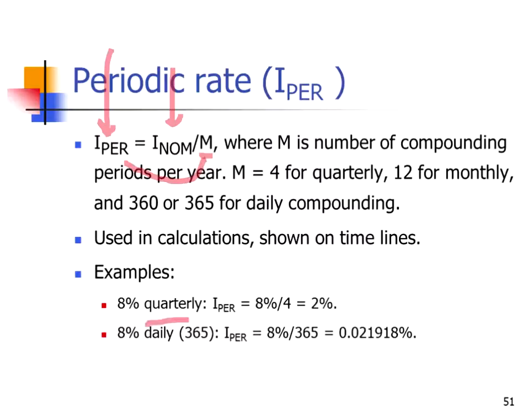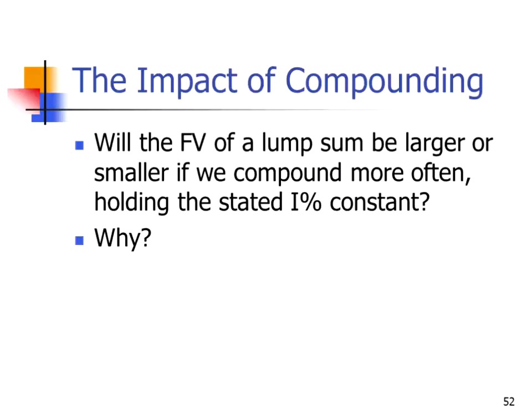So if it's a quarterly paid rate, that means your nominal rate would be divided by 4. For example, 8% divided by 4. If it's a daily rate, then it will be 8% divided by 365, which is this number here. So you need to be taking into account the number of times you're paying interest, because the factor of compounding will impact your effective rate.